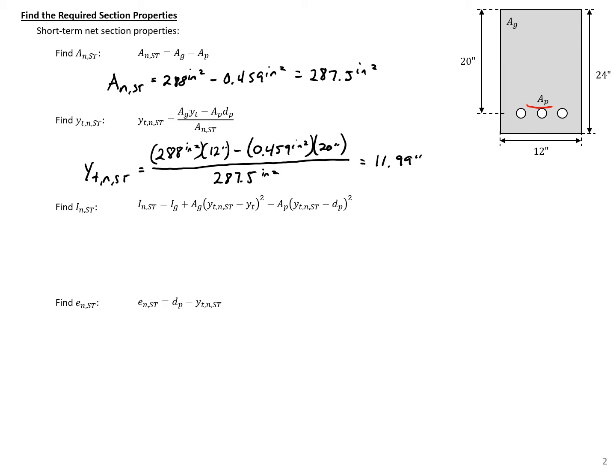Next, we can find our I net. This is just going to be our gross moment of inertia, 13,824, plus our gross area, A, times our d squared component, 11.99 minus 12.